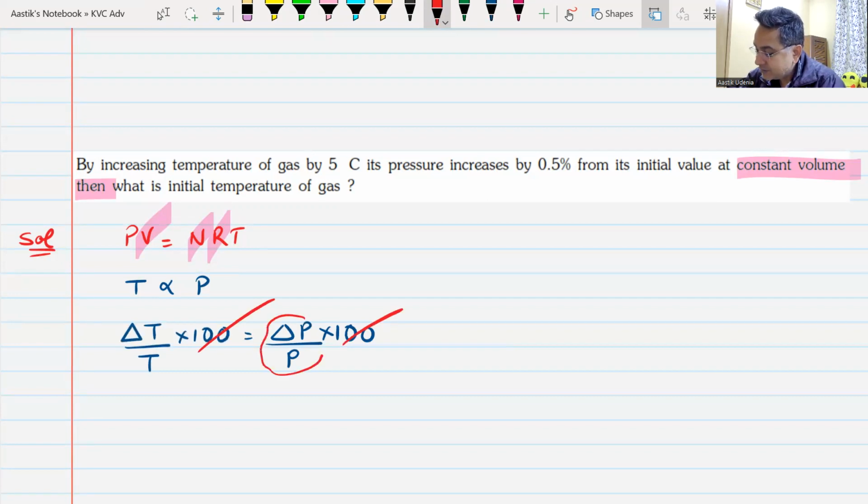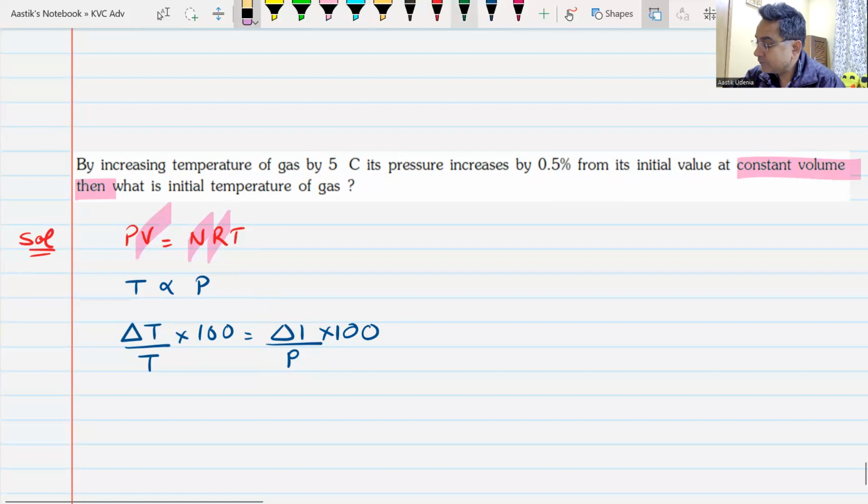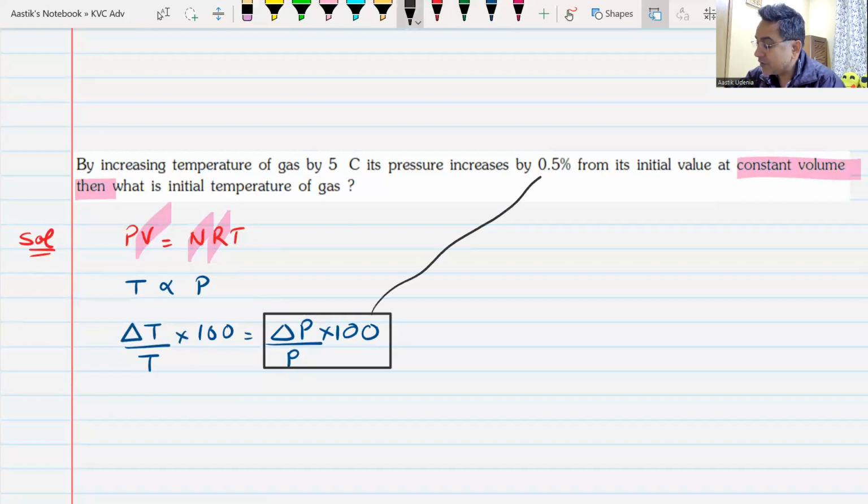Delta P by P, the percentage change. I cannot cancel 100 here because one is given in percentage and one is given in degrees Celsius. This entire thing here is given as 0.5%.